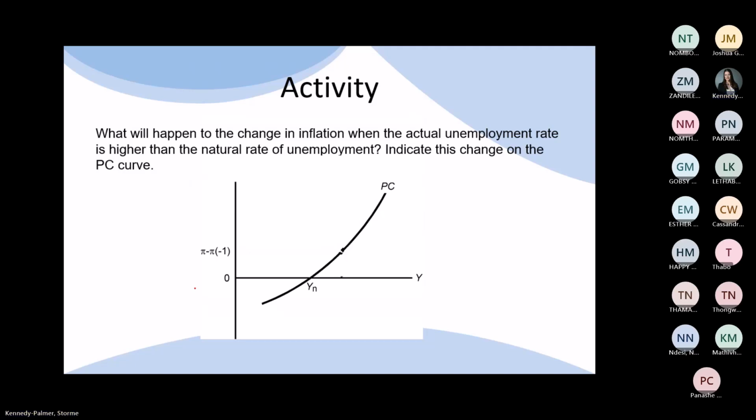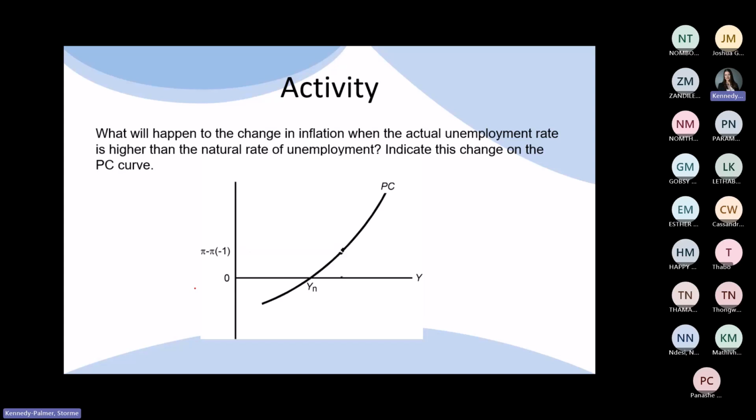Activity. What will happen to the change in inflation when the actual unemployment rate is higher than the natural rate of unemployment? Indicate this change on the PC curve. So in an exam type scenario, you would have to indicate what point the economy is at.